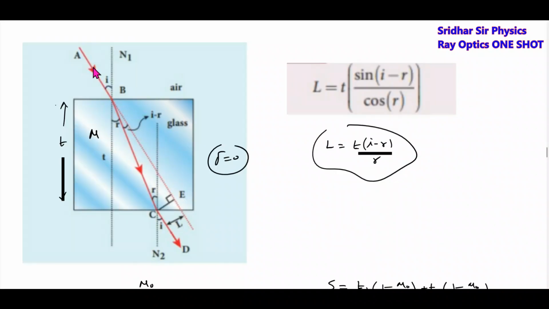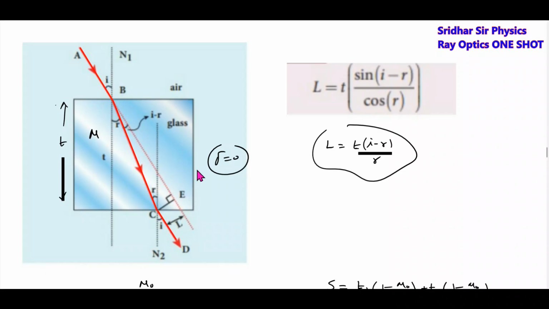A ray of light passing through the slab will undergo refraction, and again it will undergo refraction. There's one refraction, then again it will undergo refraction here, and emerge out. So if you finally look at this, there's an emergent ray and an incident ray, and they will be parallel.